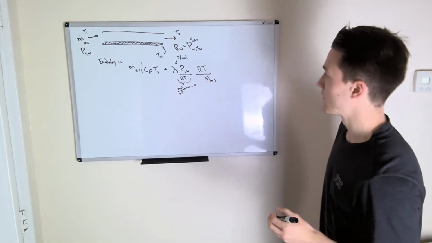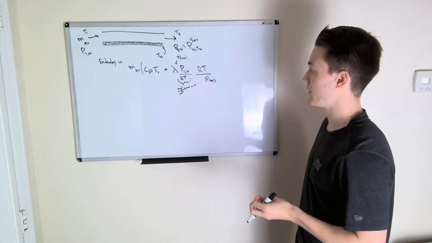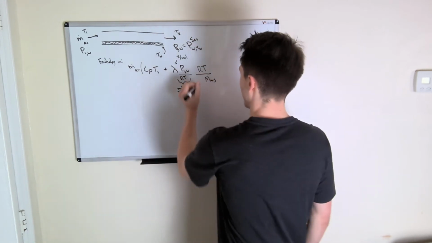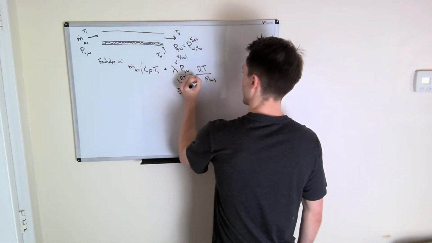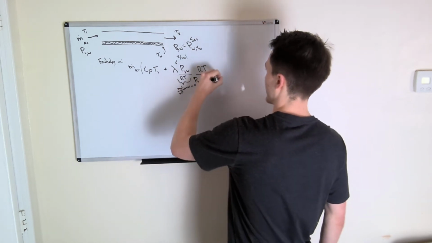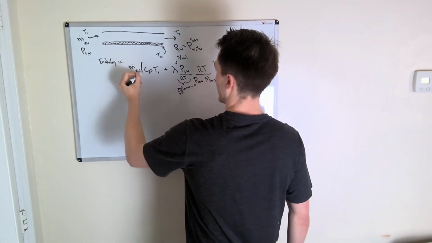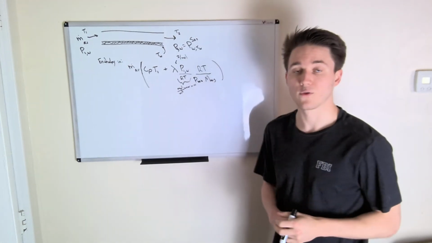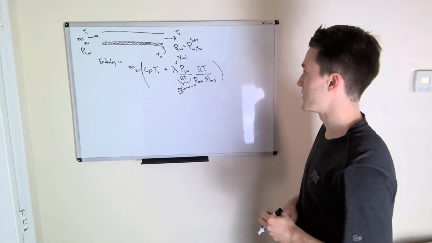And then we also want to have the total partial pressure of air and water vapor. Alright, so this is our enthalpy in equation.